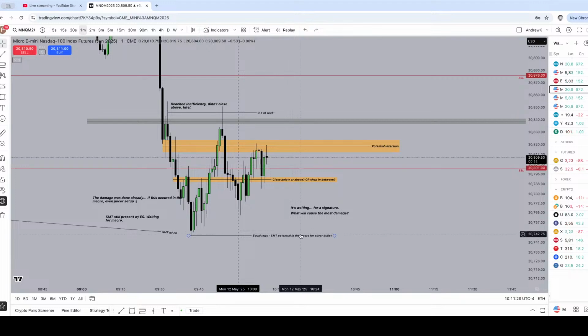This right here kind of seals the deal on a long for me. I don't like the price action here. It's not anything that you should be jumping into. There's nothing here to get into. No fair value gaps, nothing, in the last, I don't know, do the math, 15 minutes at least.